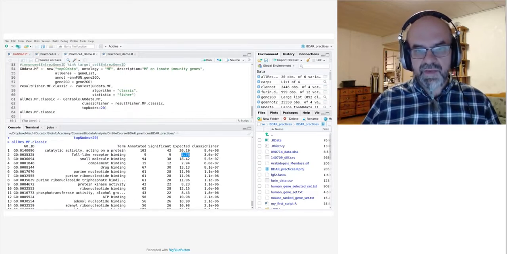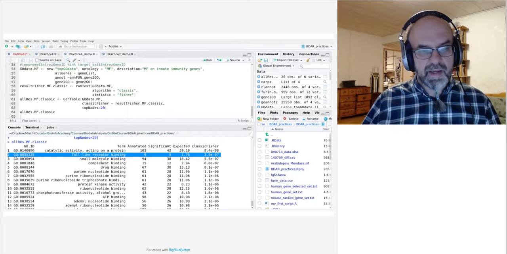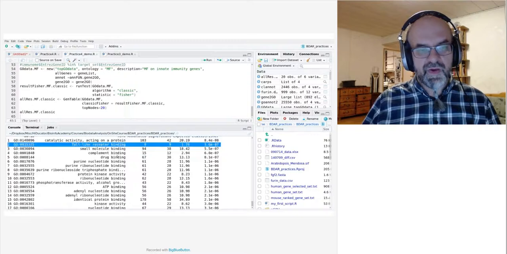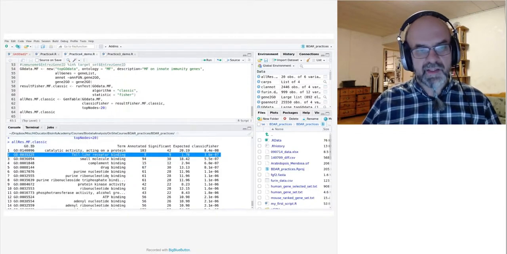Instead of that, we have seen 9. So we can calculate the enrichment ratio and the p-value here. You can see that this is significant. Not very surprising that toll-like receptor binding is important in immune functions in this particular analysis.